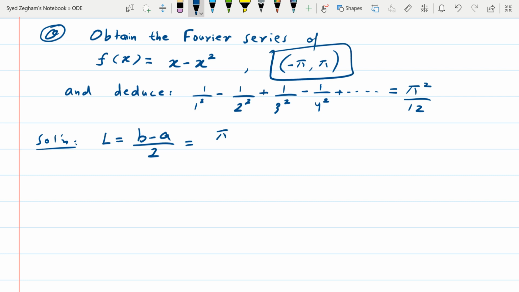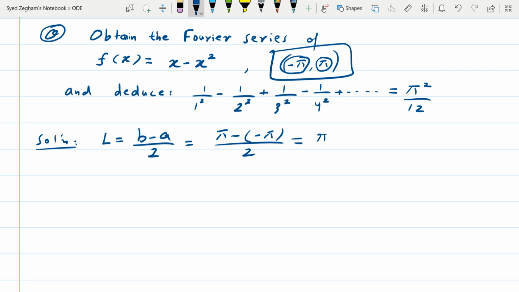So this will give you (pi minus (minus pi)) divided by 2, because a is equal to minus pi and b is equal to pi, right? So this will become 2 pi divided by 2, that gives you pi. So the value of L is equal to pi.